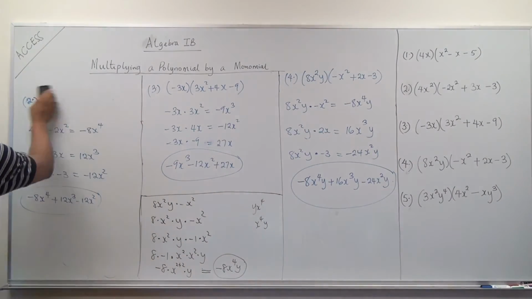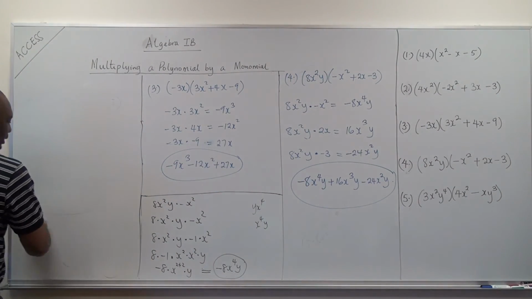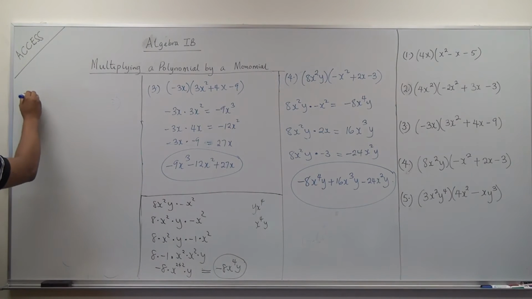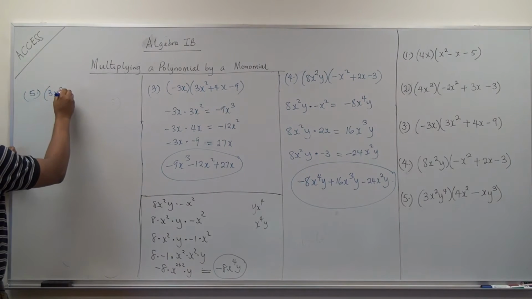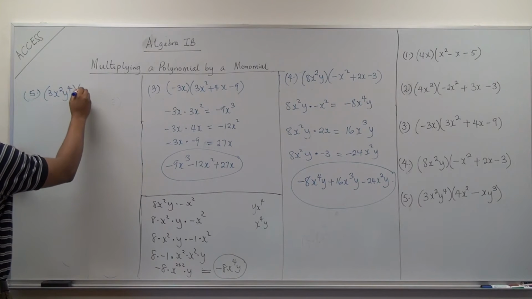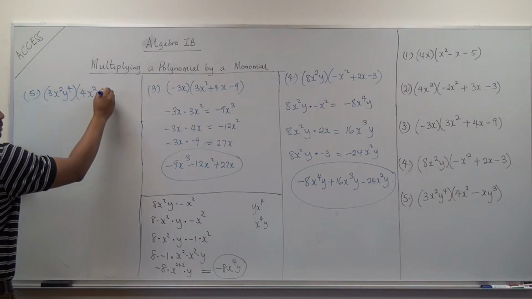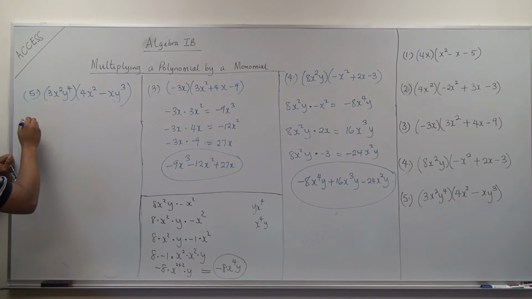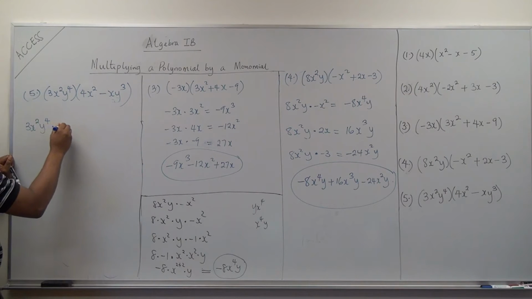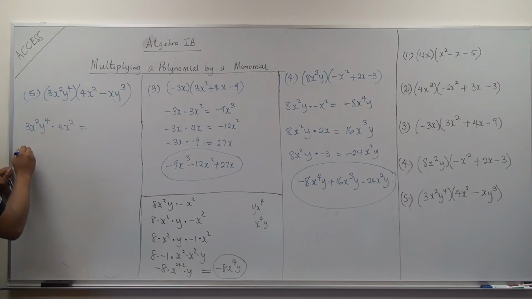Okay, let's do the last one, 5, before we call it a day. Number 5, we have 3x squared y⁴ times 4x squared minus xy cubed. So this is 3x squared y⁴ times 4x squared, and 3x squared y⁴ times negative xy cubed.